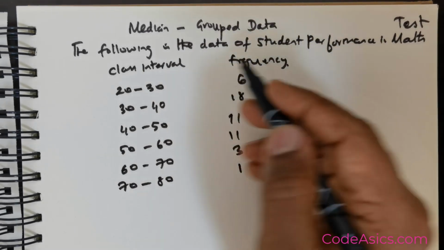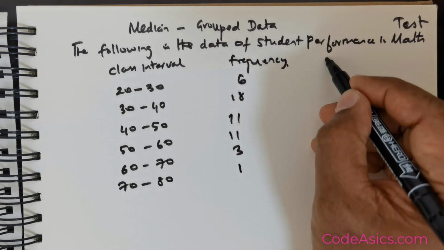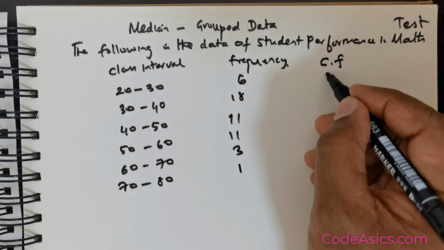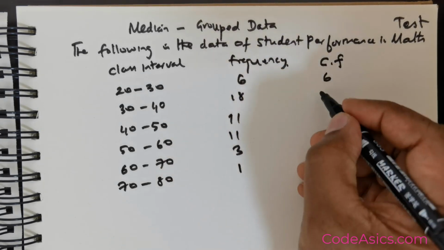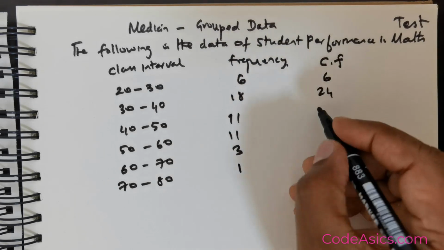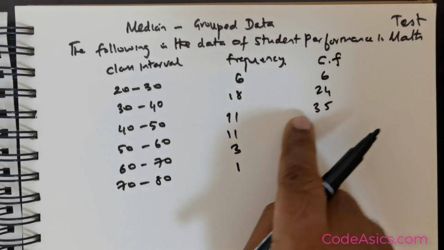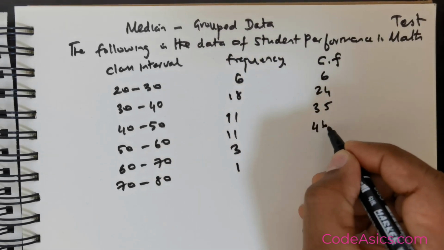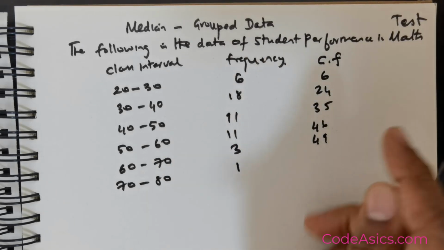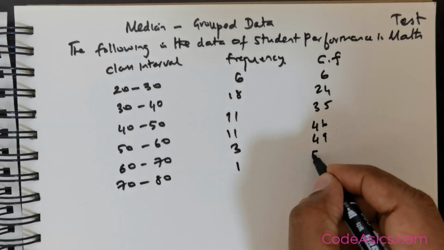Now to get the median for the grouped data, foremost you need to calculate the cumulative frequency. So you start with 6, add 6 with 18, you get 24, then you add this 24 to 11, you get 35, add this 35 to 11, you get 46, add 46 to 3, you get 49, add 49 to 1, you get 50.